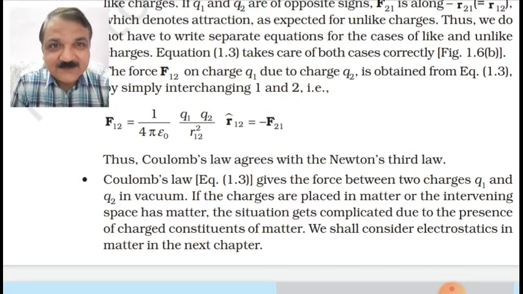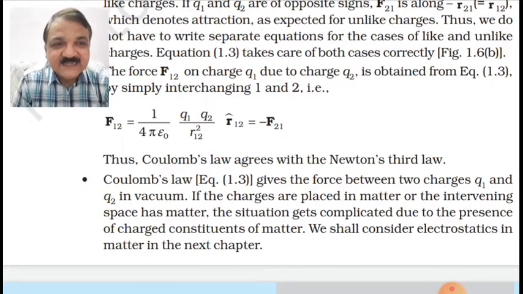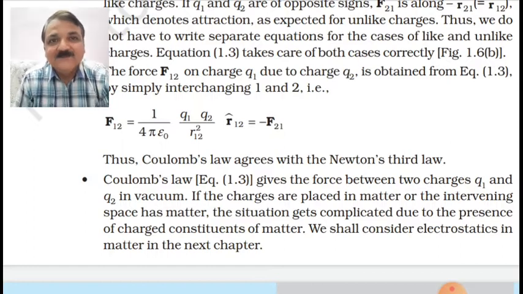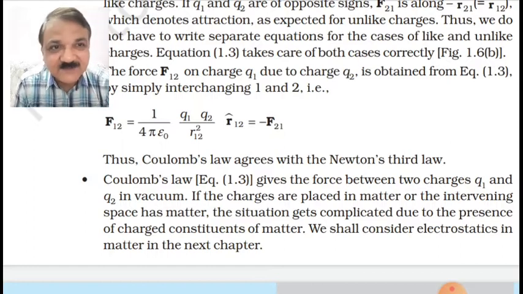Means there are two forces which are equal in magnitude but opposite in direction. So here also F21 and F12 are equal in magnitude but opposite in direction. Therefore, Coulomb law agrees with Newton's third law of motion.